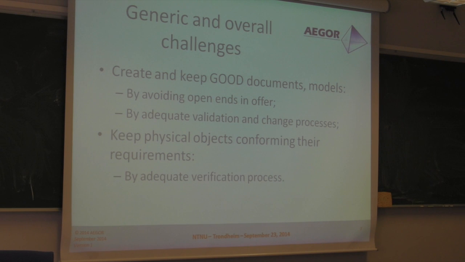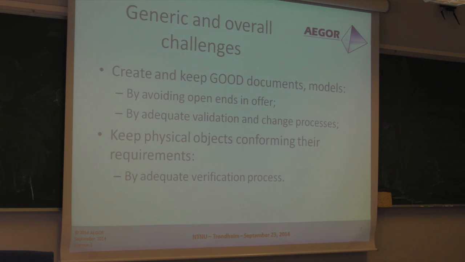And important causes for getting flawed documents: one point that is very important is open ends in an offer or in the contract at the beginning of a project. It's caused by inadequate validation processes and also an inadequate way of changing.